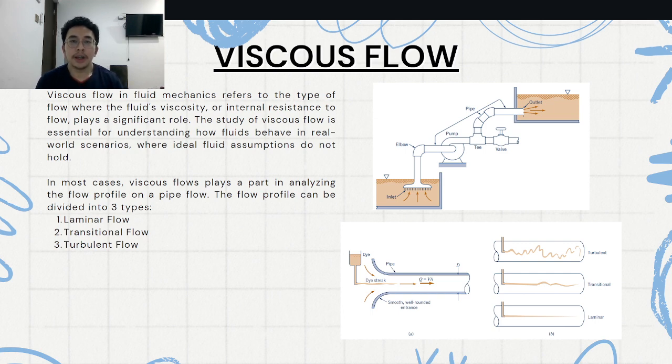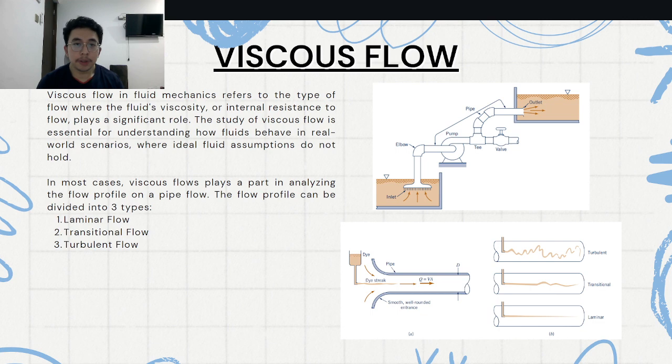Basically, this is a type of flow where the characteristics of the fluid at one point are different from those at another point. It is based on the velocity and the disturbance of the fluid and how it flows.